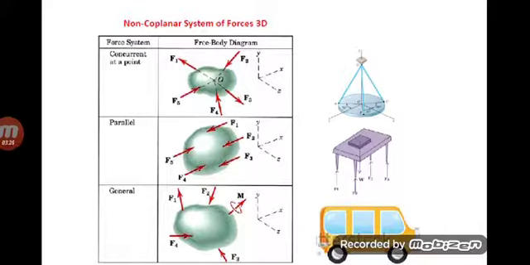Next one, parallel forces. In parallel forces also, the forces F1, F2, F3, F4, F5 are there. They are in parallel lines. General case: we have already seen that in the general case a moment will be there and the forces will be in all directions. The best examples are shown on the right hand side. You can refer to them.